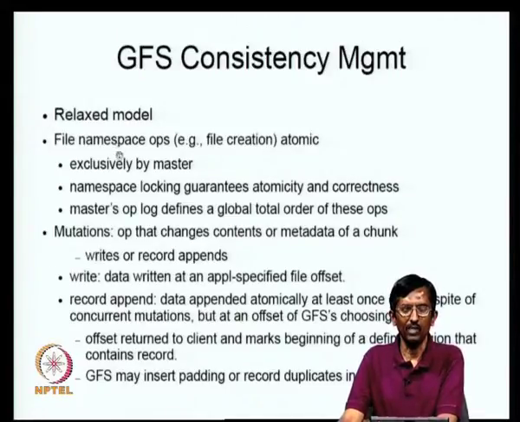Now the file name operations, or namespace operations, are done exclusively by the master. It is not done by the clients. So, you need to guarantee atomicity and correctness of these operations, and that is done through locking.